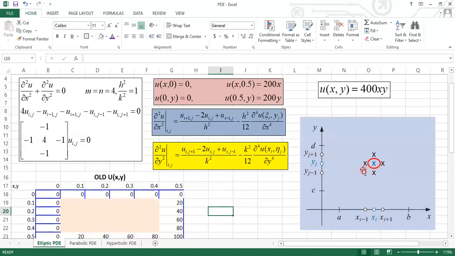So we will have an expression like ui minus 1j plus ui plus 1j plus uij minus 1 plus uij plus 1. So it is the weighted average of these values.